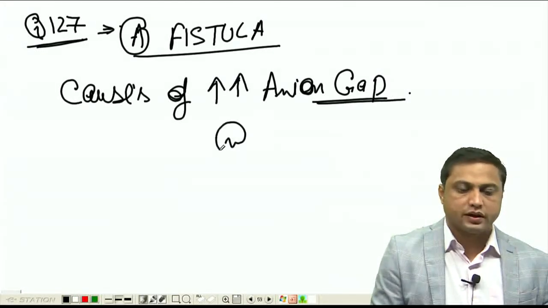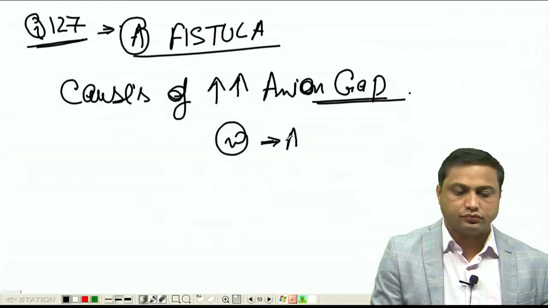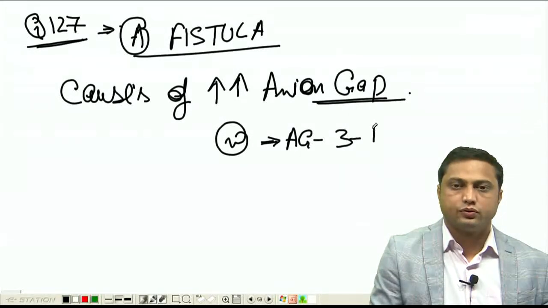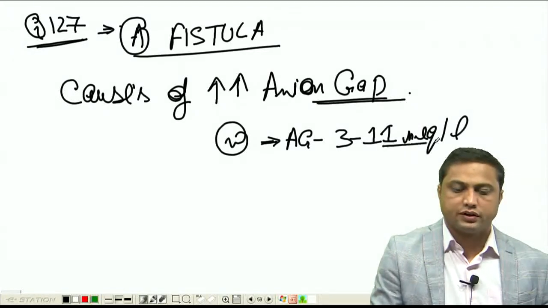first of all, normal anion gap is 3 to 11 milliequivalents per liter.